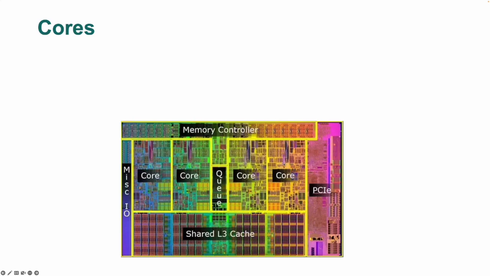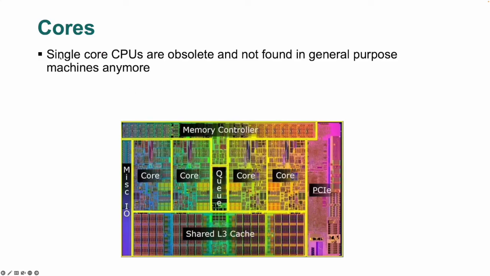Okay, very last thing is cores. So here's a little heat map of what exactly it might look like on a CPU. You can see that there are 4 cores here. They've got a queue to communicate, and you can see that they have a shared level 3 cache. So level 3 cache is external to the cores, but each of the cores will have their own internal caches as well. So actually, every CPU that you will buy today is multi-core.